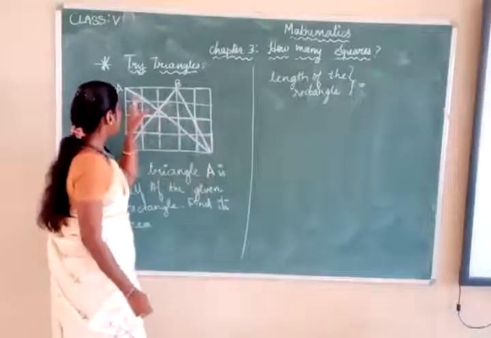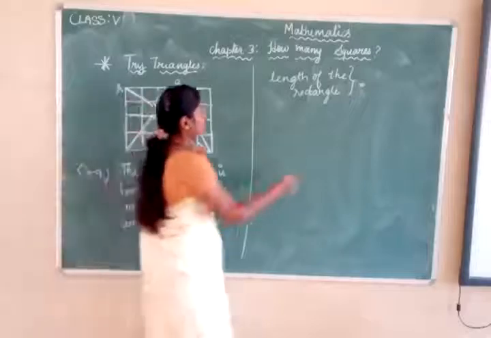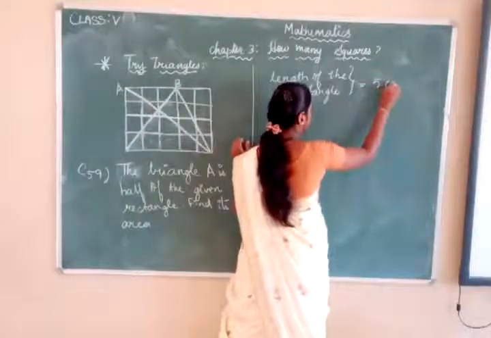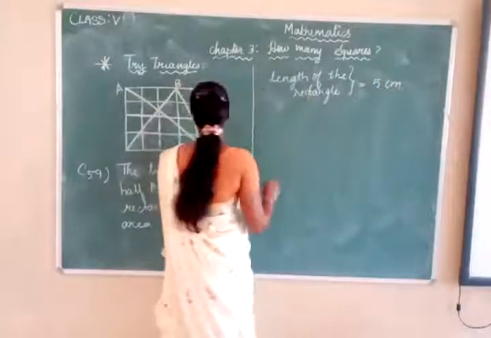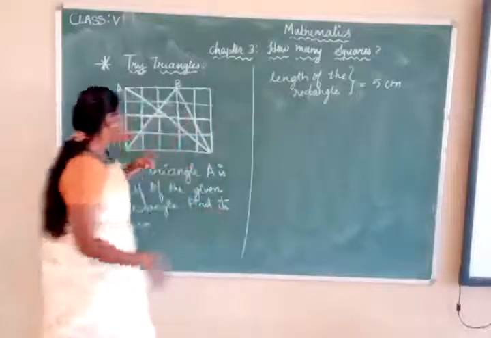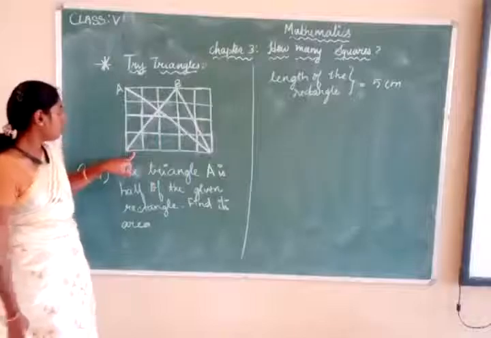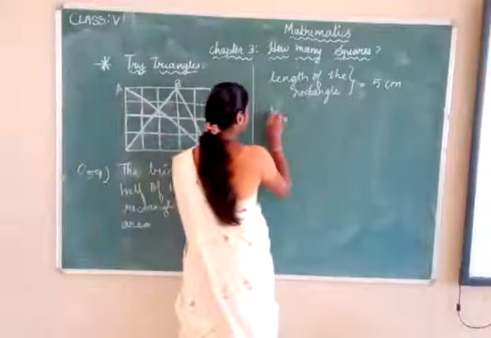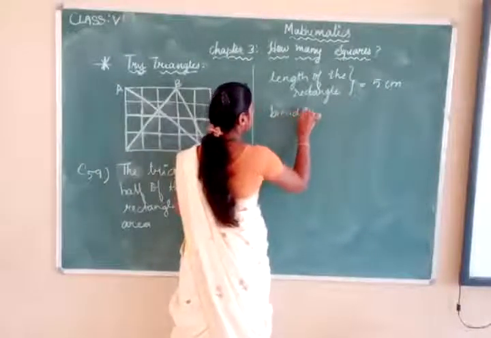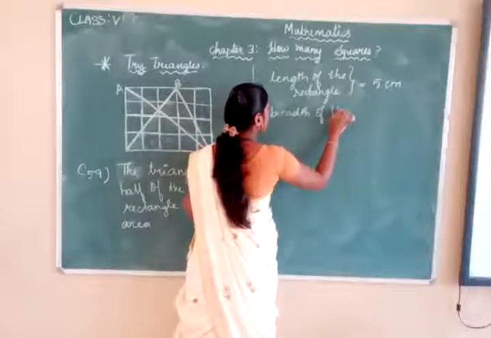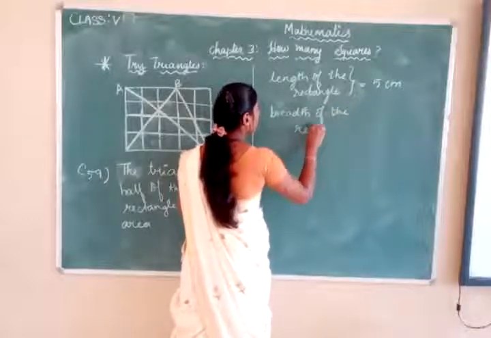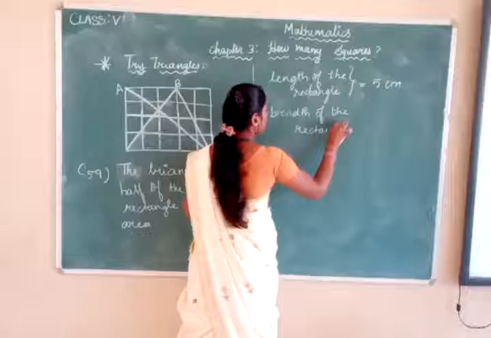That is 1, 2, 3, 4, 5. So that is 5 centimeters. So how many squares are there along its breadth? 4. So the breadth of the rectangle is 4 centimeters.